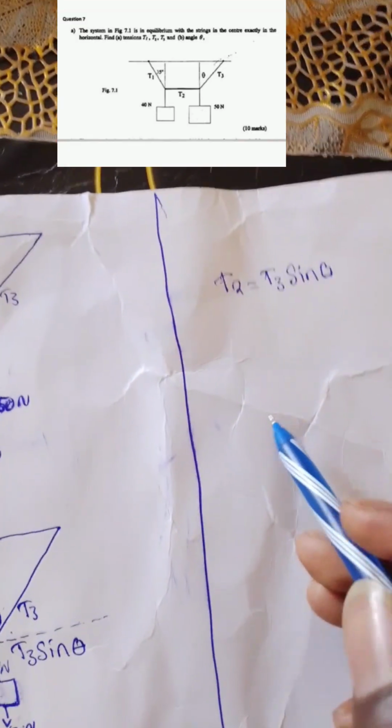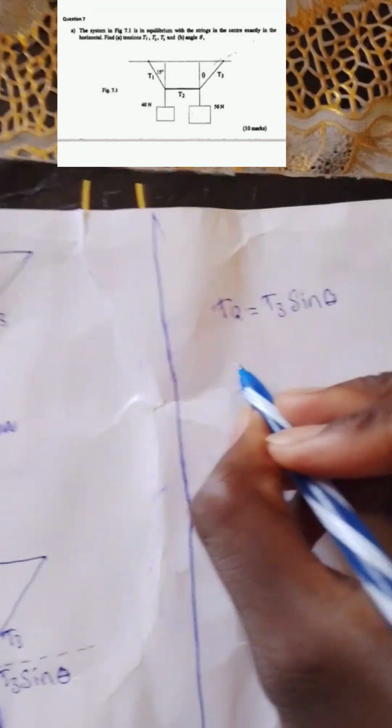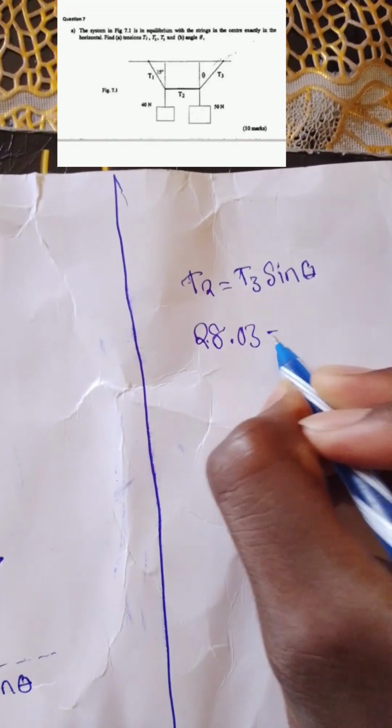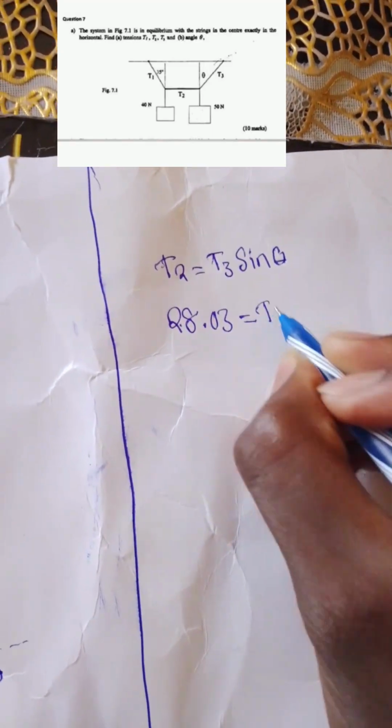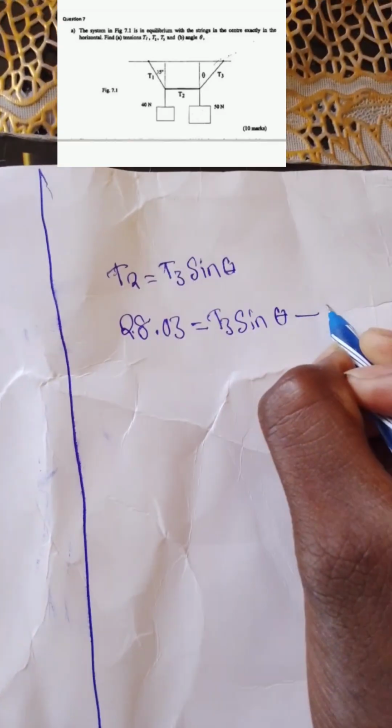What's tension 2? Tension 2, we found that it's 28.03, right? So 28.03, that's our tension 2, is equal to T3, we don't know, sine theta, we don't know. This will be our equation 1 for the other part.